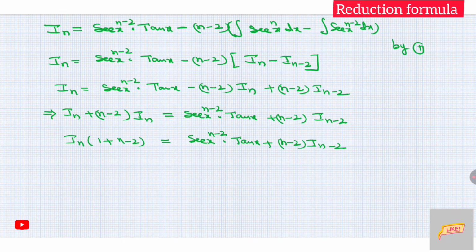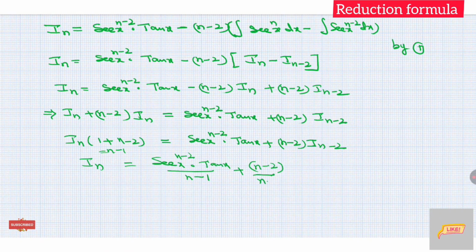Right side term no change. Here I_n into n plus n minus 1 is equal to n minus 1. So I_n is equal to secant x power n minus 2 into tan x by n minus 1 plus n minus 2 by n minus 1 I_{n-2}.